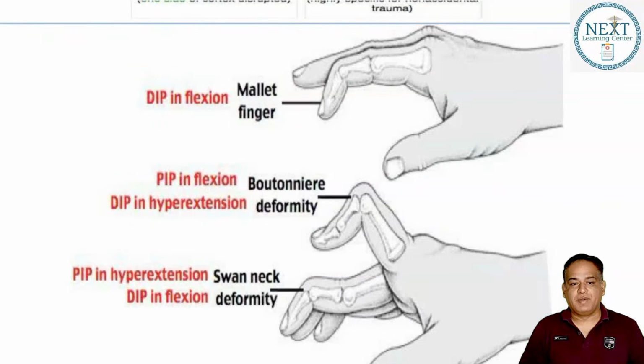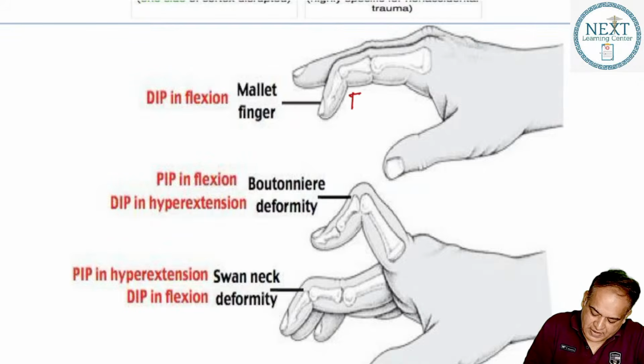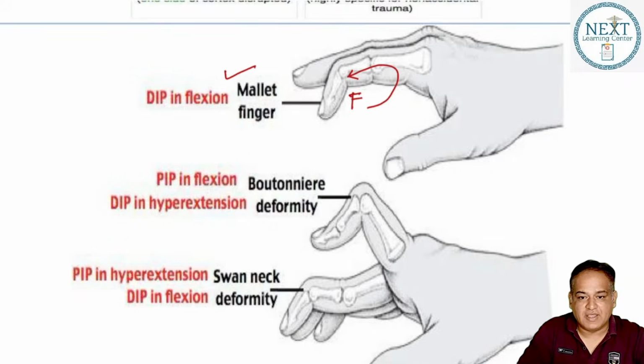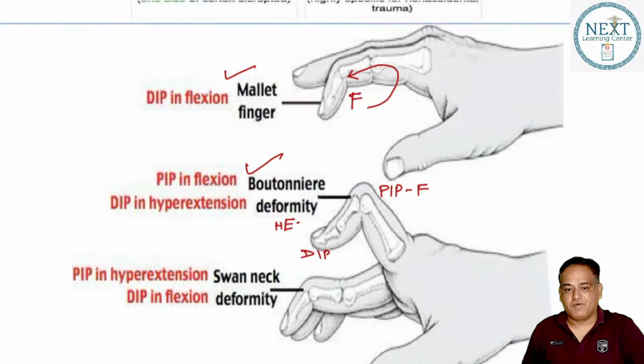Now, the deformities in rheumatoid arthritis. So if your patient has flexion at DIP, mallet finger. If your patient has flexion at PIP and hyperextension at DIP, that is called as boutonniere deformity.